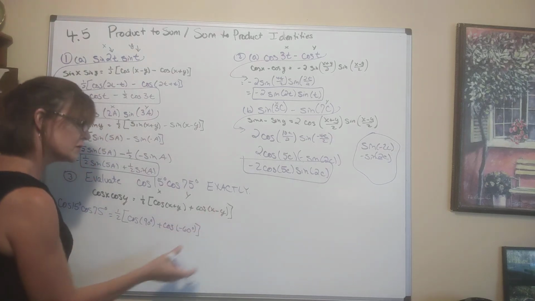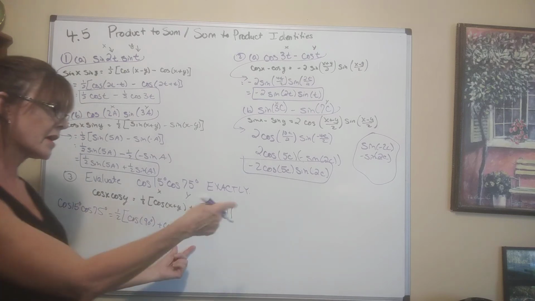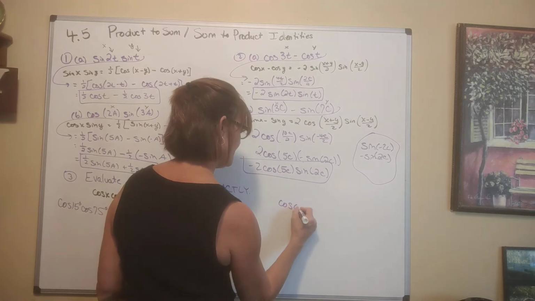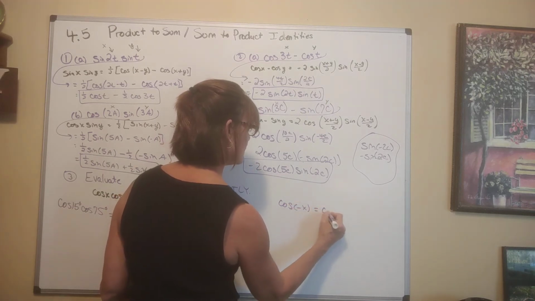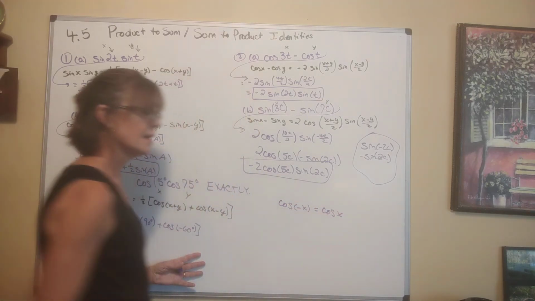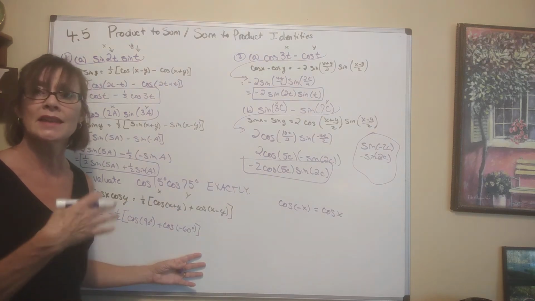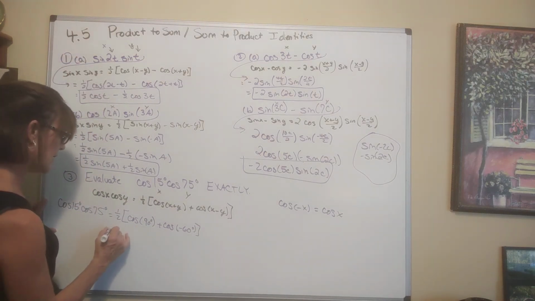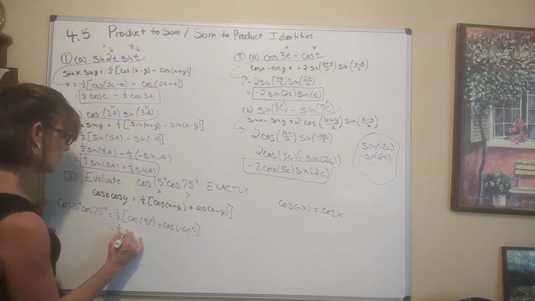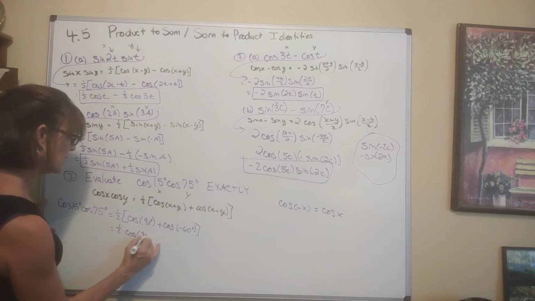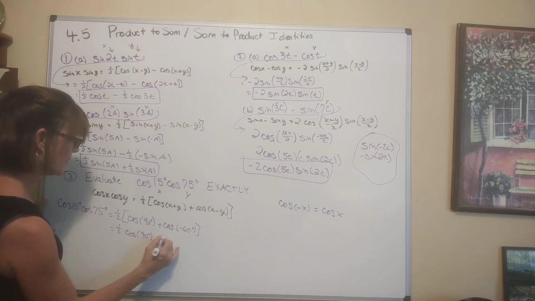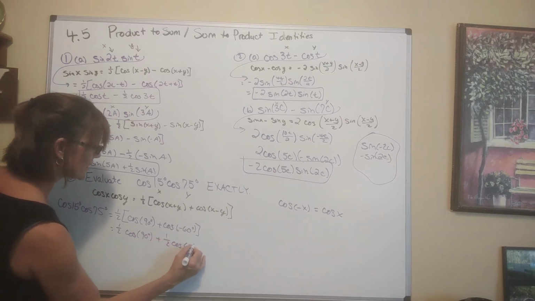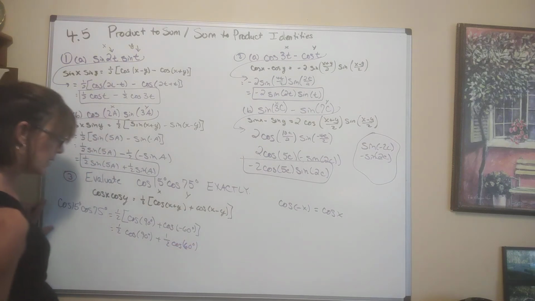Now, just for a second, let's recall the negative identities for cosine. The cosine of negative x is just equal to the cosine of x, because cosine is an even function. So this is equal to 1/2 the cosine of 90 degrees plus 1/2 the cosine, not of -60 degrees, but of 60 degrees, if you want to think of it that way.